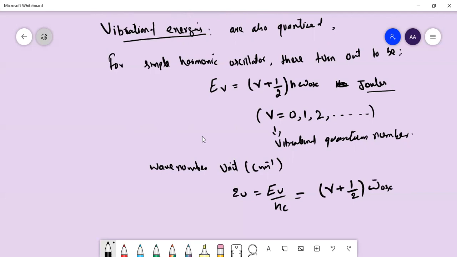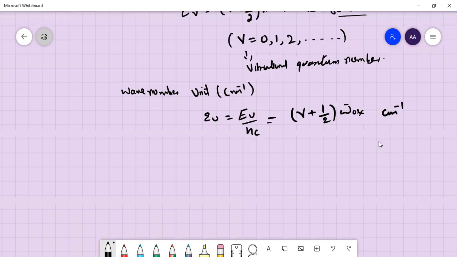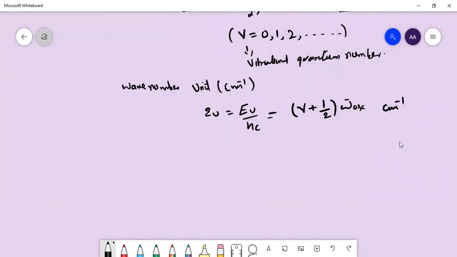Wave number, 1 upon lambda, is equal to omega oscillation divided by c. So now this is the form of the energy equation in spectroscopic unit, that is centimeter inverse. This is the actual equation for the energy of a simple harmonic oscillator, or I can say the energy equation for a diatomic molecule.